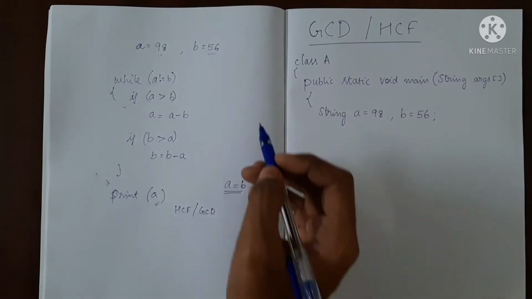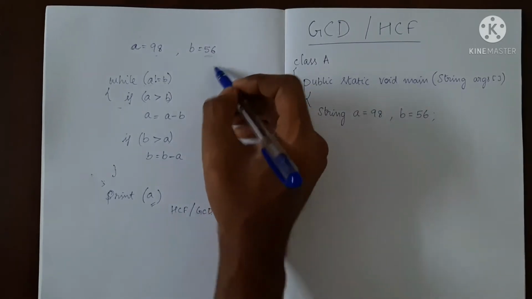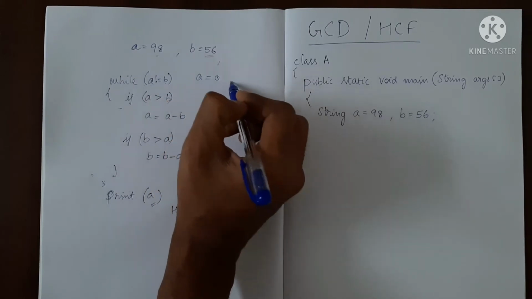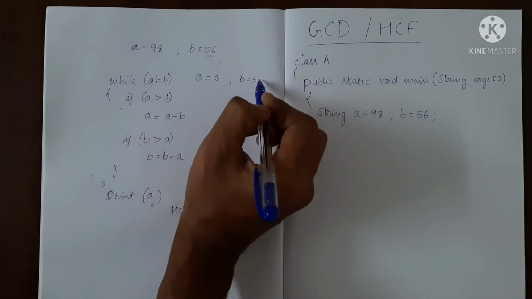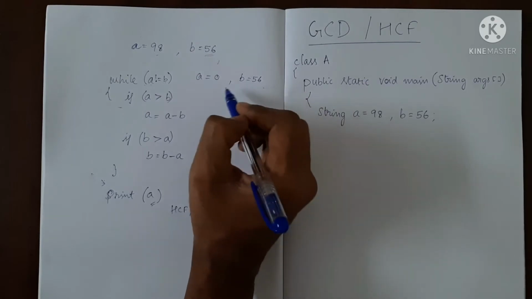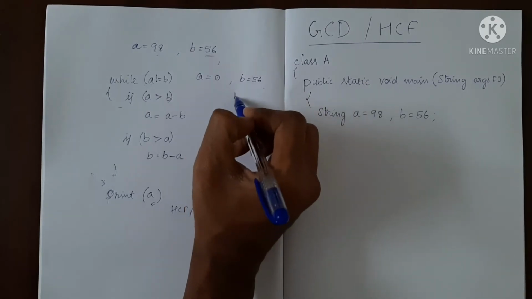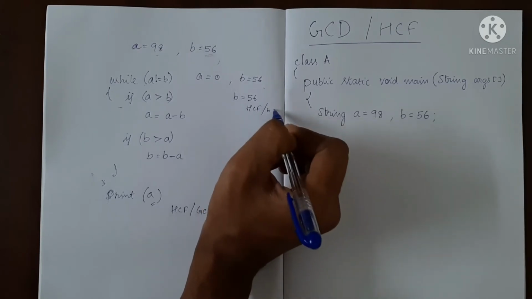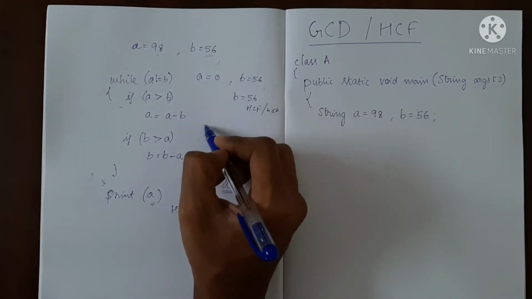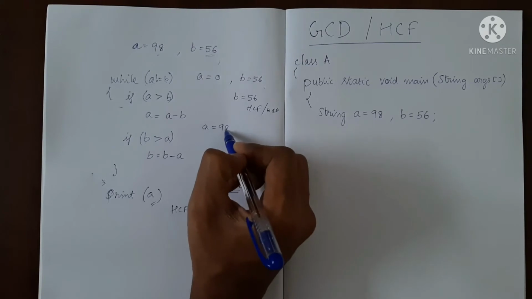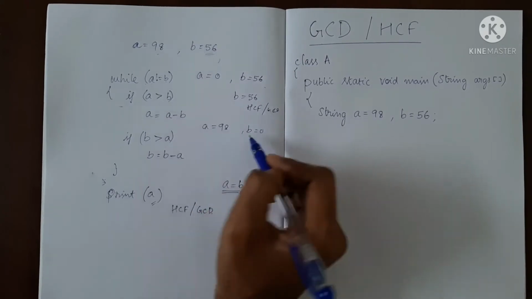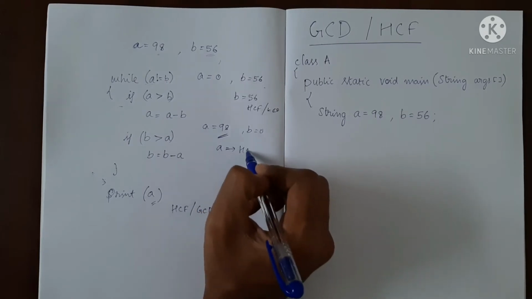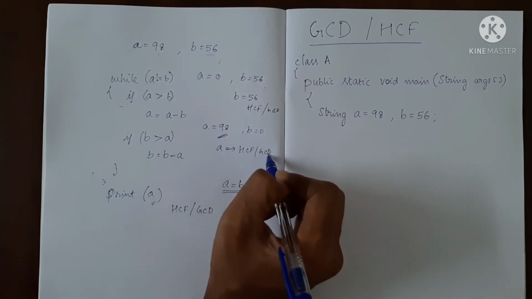So let's consider a few more things here. If A is 0 and B is some value which is not 0, then automatically B is the HCF or GCD. So if A is some number and B equal to 0, then the other number is the HCF or GCD.